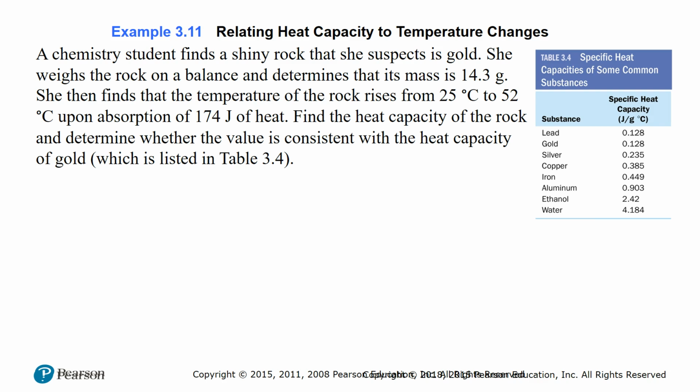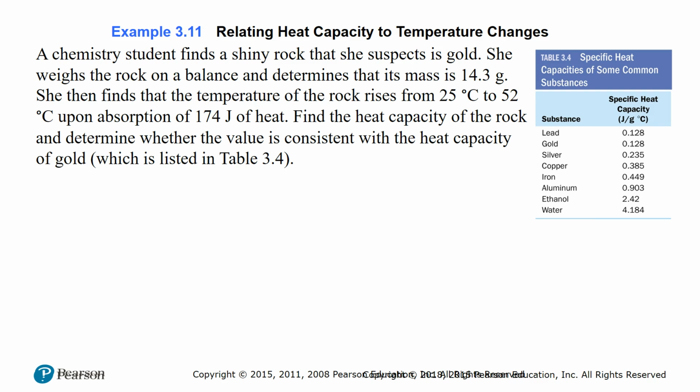She finds that the temperature of the rock rises from 25 degrees Celsius to 52 degrees Celsius upon the absorption of 174 joules of heat. It wants us to find the heat capacity. Therefore, using the heat capacity, we can find out what that rock is made out of.